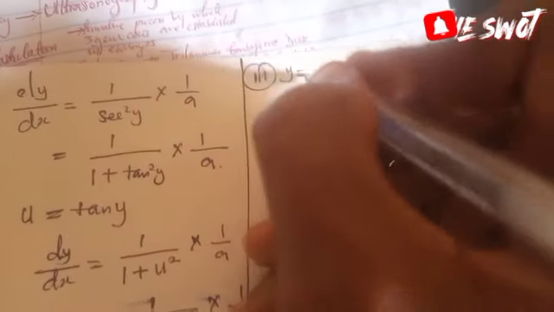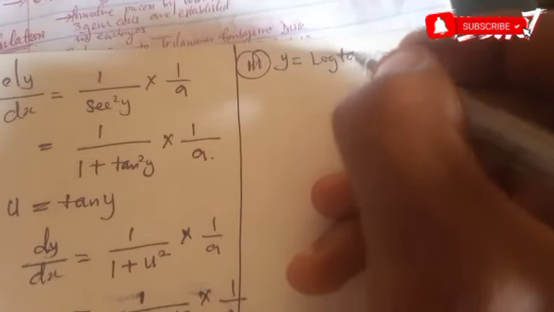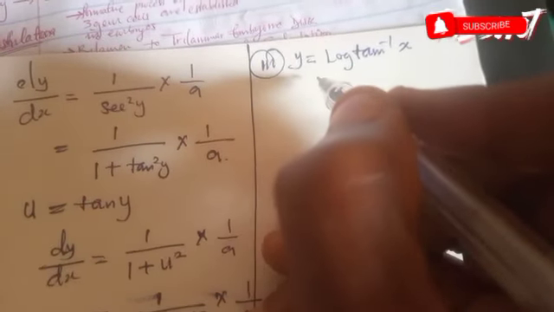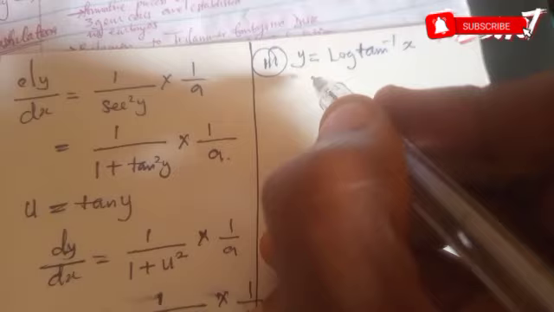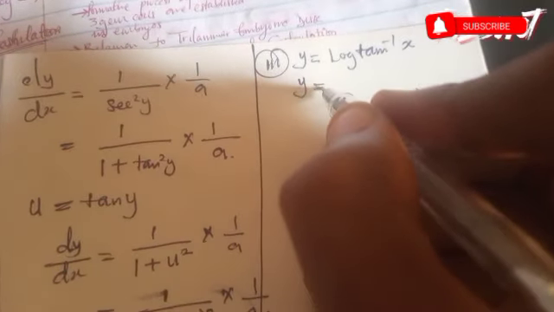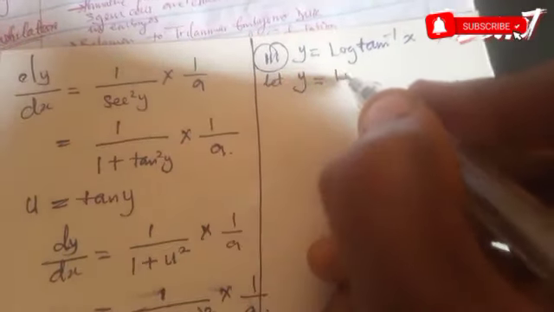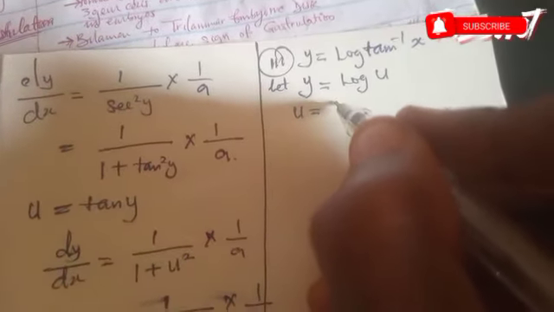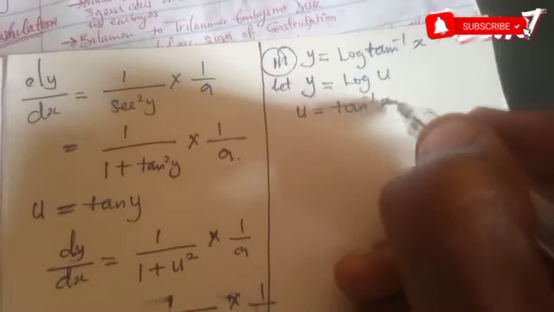So for the final question, which is y equals log tan inverse of x, this can be used in another format. We're having two things here. If we could represent this as y, I would say let y be log u, where our u is tan inverse of x.